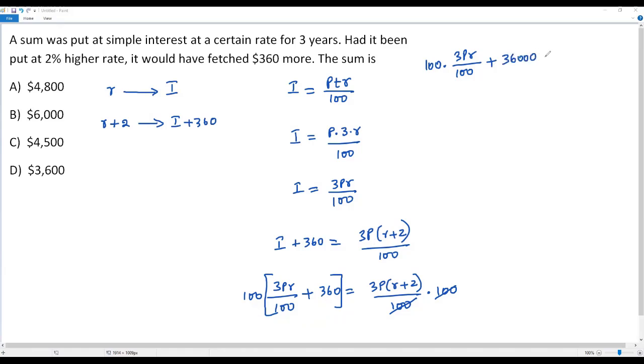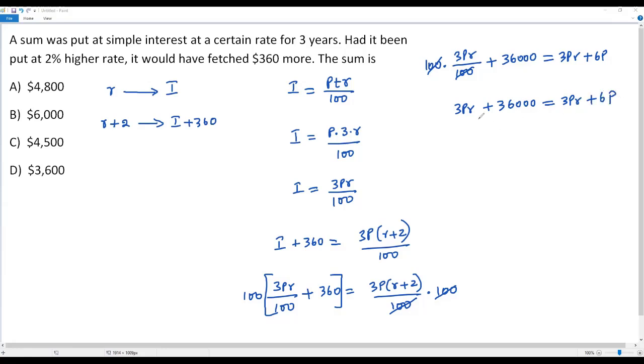Here on the right side, when I distribute this 3P to this R, I am getting 3PR, and when I distribute this 3P to this 2, that is 3P times 2 is 6P, that is + 6P. I am getting 3PR + 36,000 on the left side. On the right side we have 3PR + 6P.